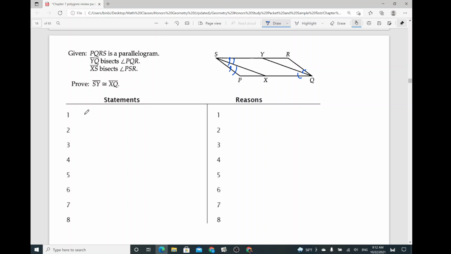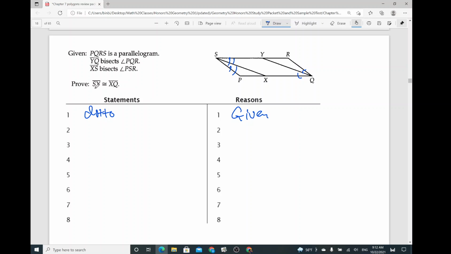Again, state all the given elements: PQRS is a parallelogram, YQ bisects angle PQR, XS bisects angle PSR. Just put it right here, that's why I put in ditto. For the one that you're doing, make sure you rewrite this for step 1.